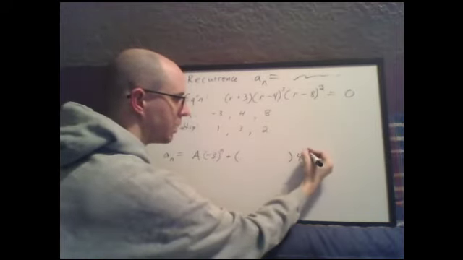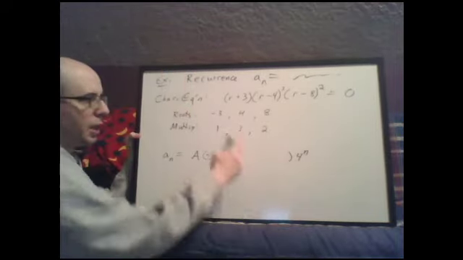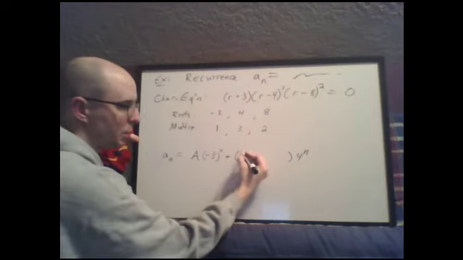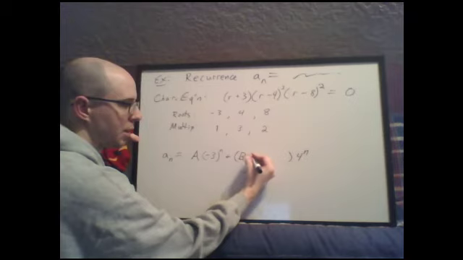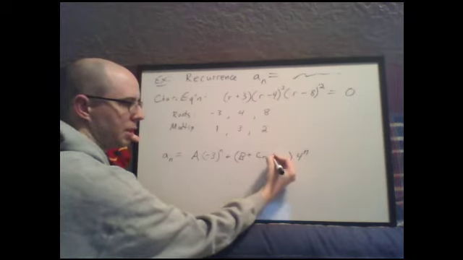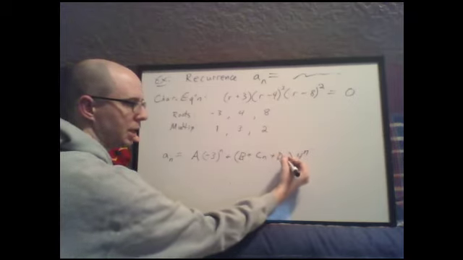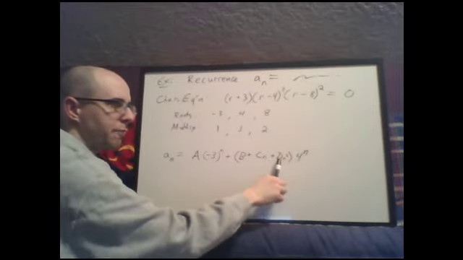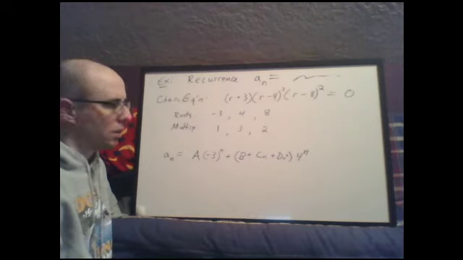So 4 to the n, but in front of it, I need to have a degree 2 polynomial, 1 less than 3. So we need B plus Cn plus Dn squared. Basically, this 4 to the n has to have 3 separate unknown constants to go with it.